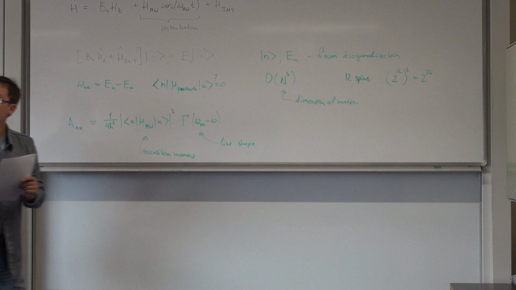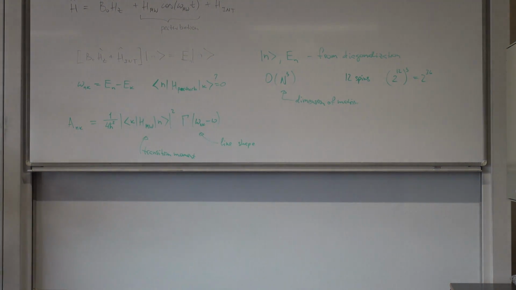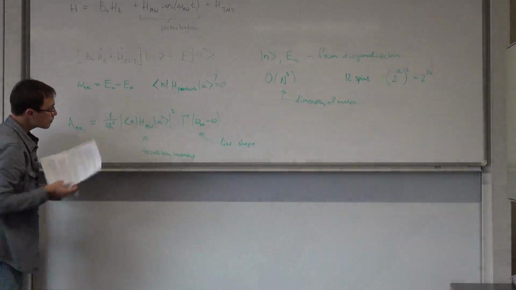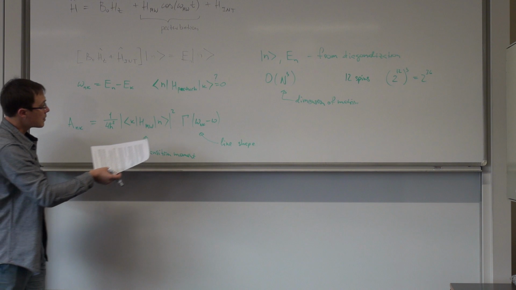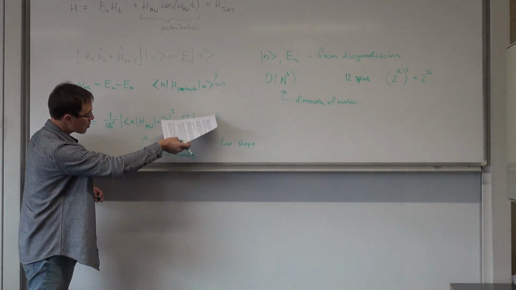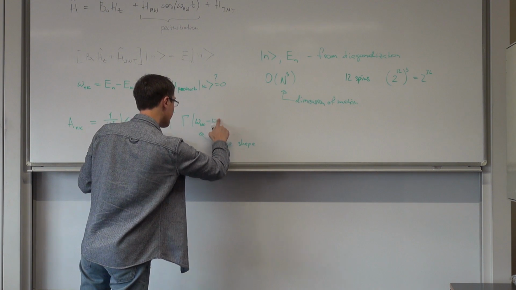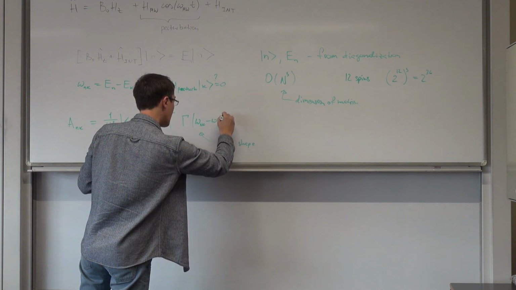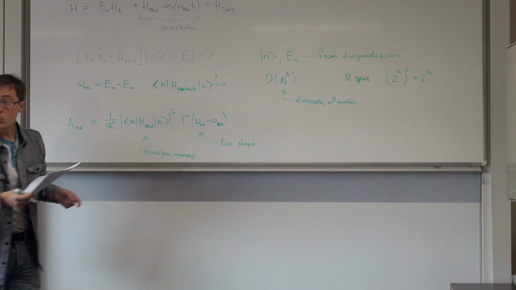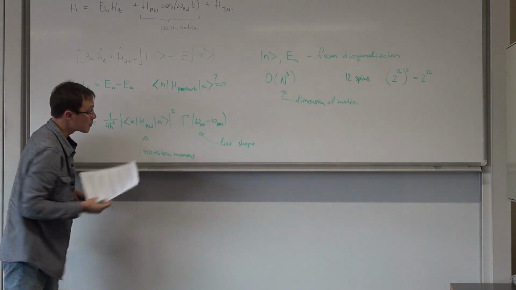So two things must happen for a transition to be detected spectroscopically in an EPR spectrum. This must be non-zero, and then the frequency at which we are actually irradiating, so our ω microwave, must match the frequency of this transition.